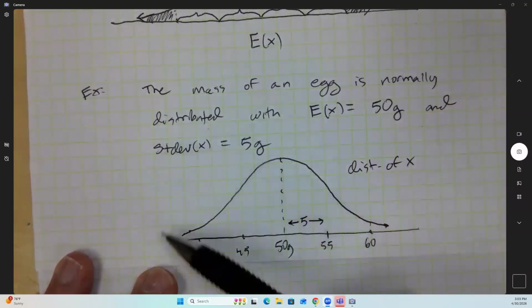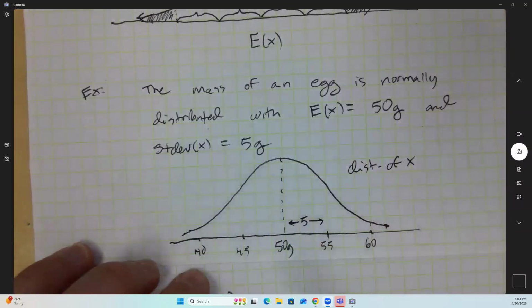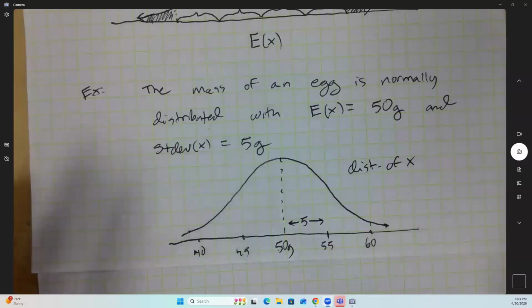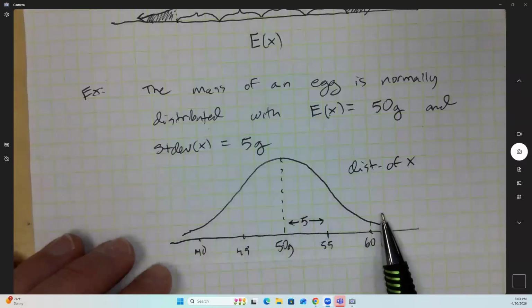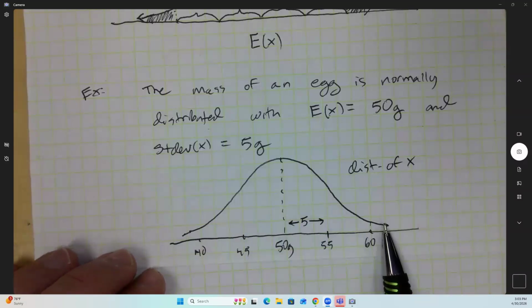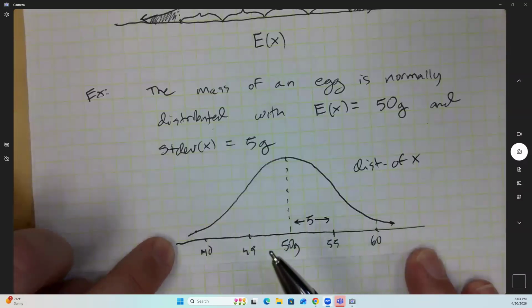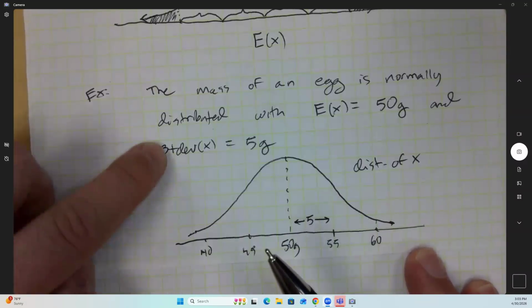I'm not putting a vertical scale on there because that vertical scale is kind of less important. When you look at a probability distribution and you want to figure out probabilities, you don't look at the vertical scale. What do you look at?